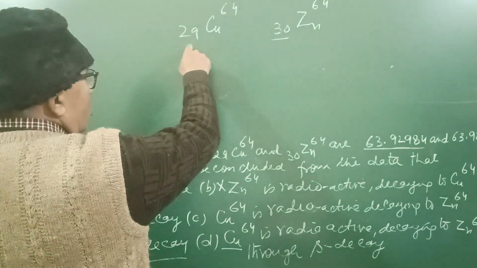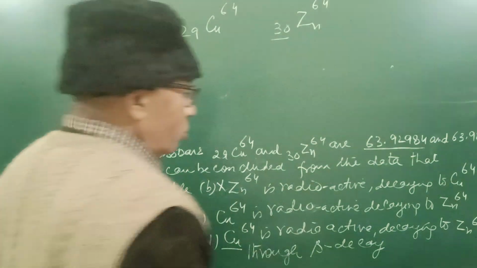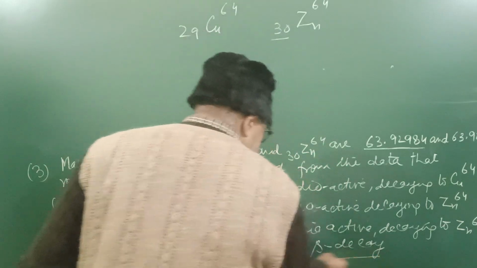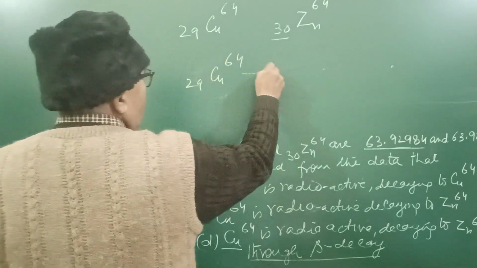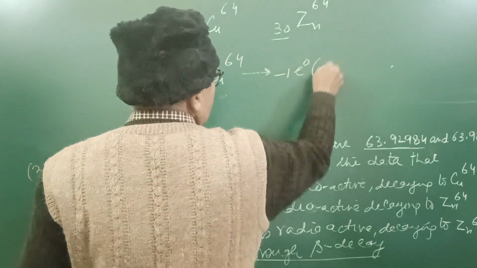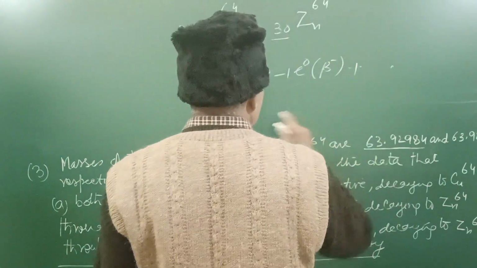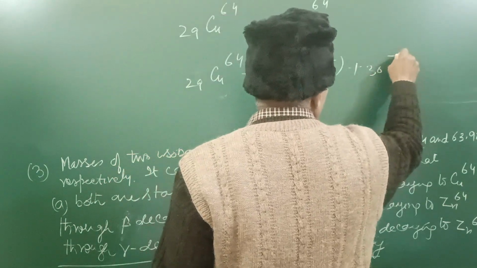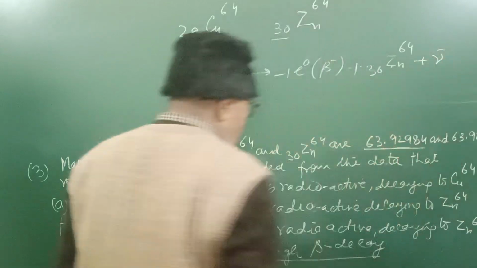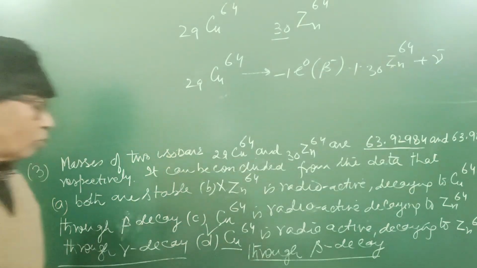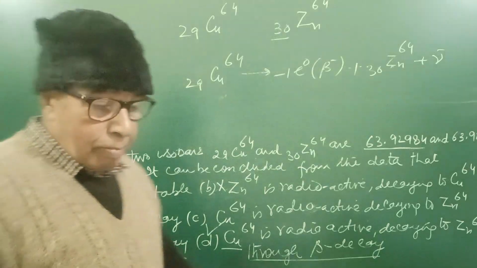Cu64, 29Cu64 is radioactive decaying to Zn64, yes, through beta decay, because if Cu64 decays, then -1e0, which we call beta minus, the mass number will not change, the atom number will increase by 1 to 30 Zn64, plus an antineutrino. So we can conclude that copper is radioactive, decaying to zinc 64 through beta decay.